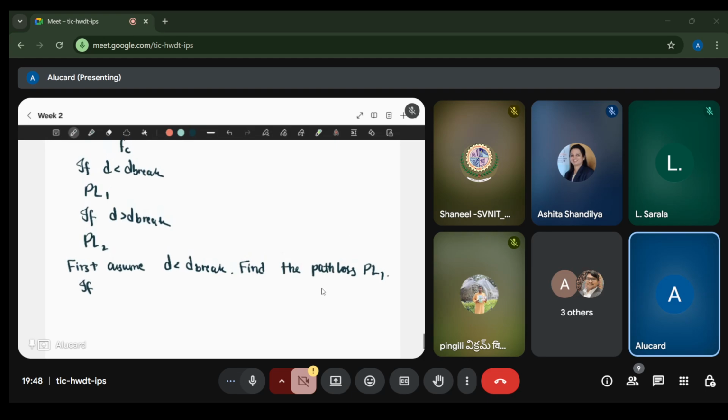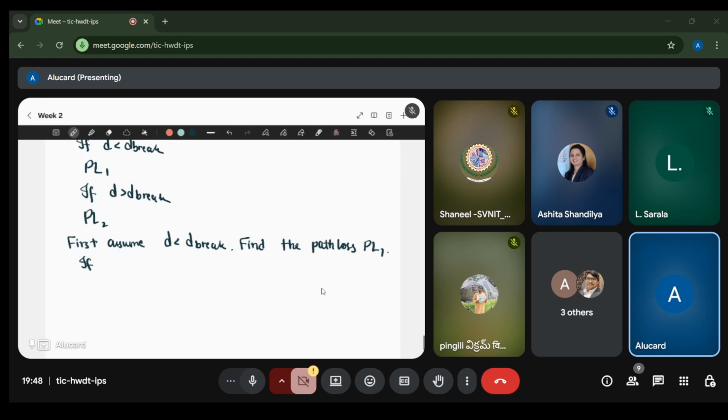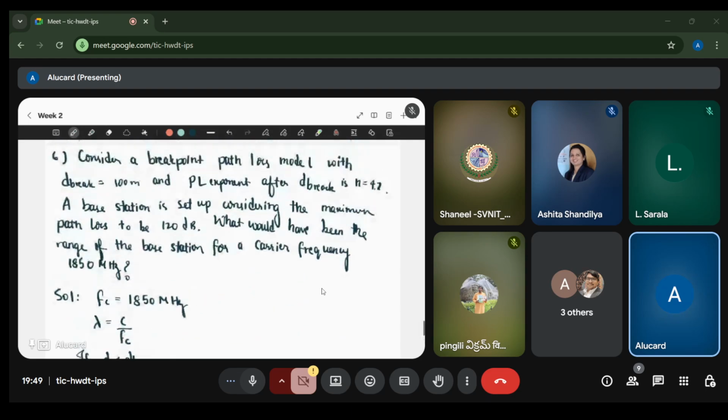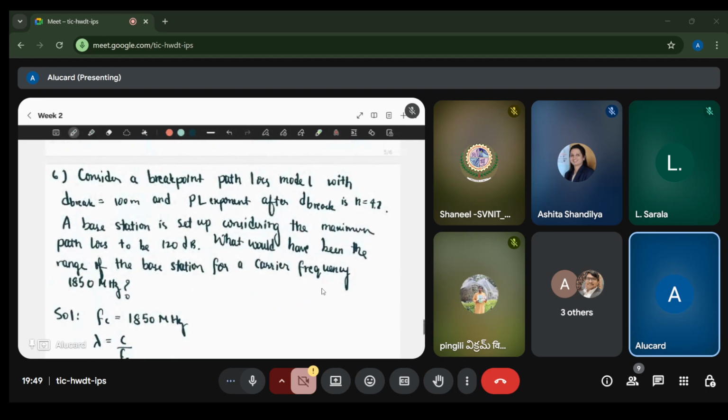Sorry, find the distance, assuming path loss is PL1. Find d, assuming PL1 is 120 dB. So they have given the maximum path loss is 120 dB.